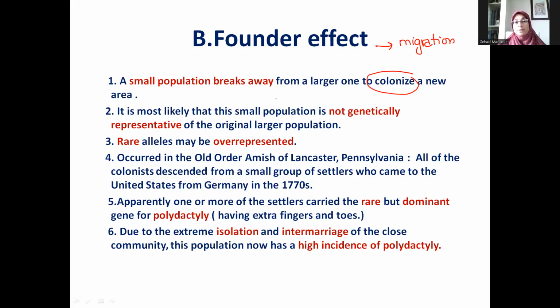And of course, because it is a small population, it is not genetically representative of the original larger population. And here, what matters is the gene pool of that original population.